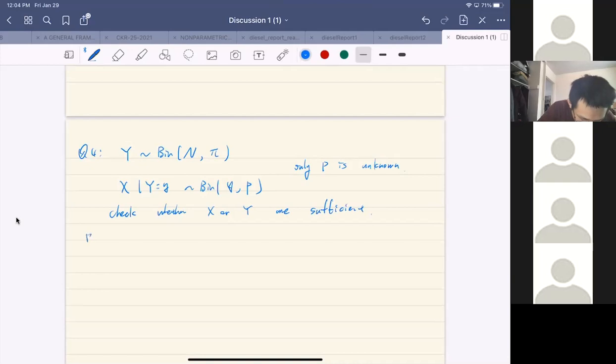So the same way, we have to write down the density first. So f of y and x can be equal to f of y multiplied by f of x conditional on y.